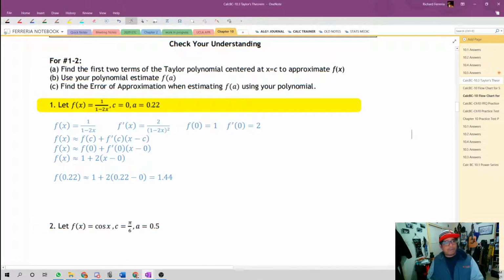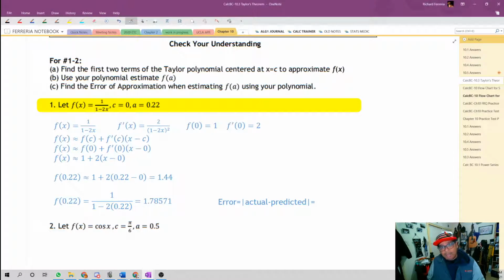So to get the error of approximation, we're going to need to know the exact value of the function. So I'm getting that f of 0.22 is exactly equal to 1.78571. By definition, error is the absolute value of actual minus predicted. And that gives me that the error is equal to 0.34571.